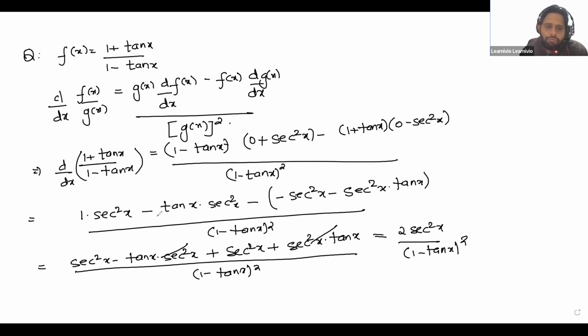Okay, so Yusra, can you tell me what is the doubt? Yes, I got it. I was getting confused in the second last step, the sec square x plus tan x. Thank you, sir. Okay, you're welcome. Any other doubt, Yusra?